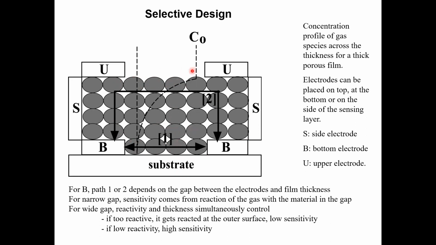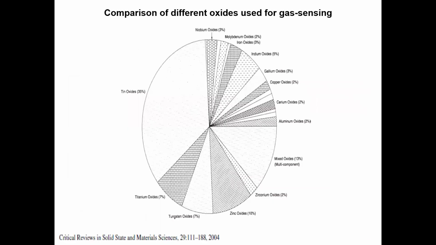On the other hand, the slowly reactive gas will keep on percolating through the thickness of the layer, and this electrode will pick up the signal. So you can modulate the distance versus thickness to design selective sensors. And this is something people do in real life.